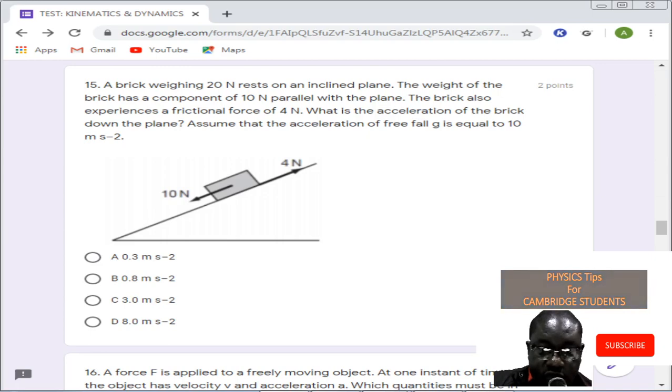Right, so with this one we need to work it out again. So we're going to do that. Now, resultant force is mass times acceleration, which is what we apply here. So the resultant force is supposed to be going downwards. So it's going to be 10 minus 4. The 10 going down minus the 4 is equal to mass times acceleration.